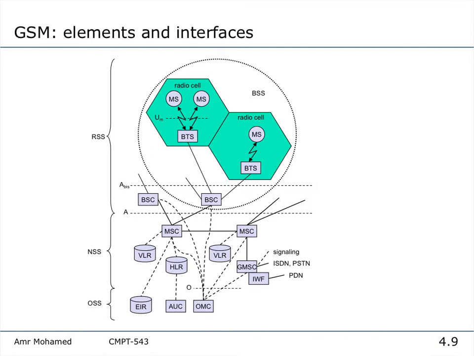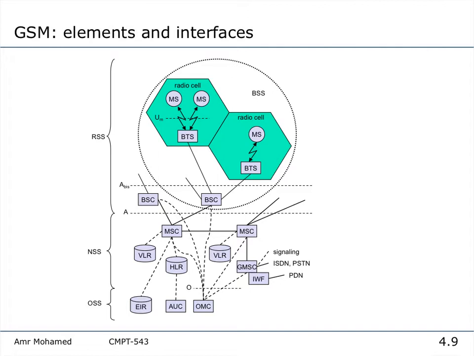Okay, so here we have the cellular network, and this cellular network may be connected with another type of network like the public switched telephone network or ISDN or ATM or any other type of network, in which case we go through what we call the gateway MSC or the gateway mobile switching center, which is sort of the door outside from the cellular network to another type of network like PSTN or any other type of network. Okay, so far so good?